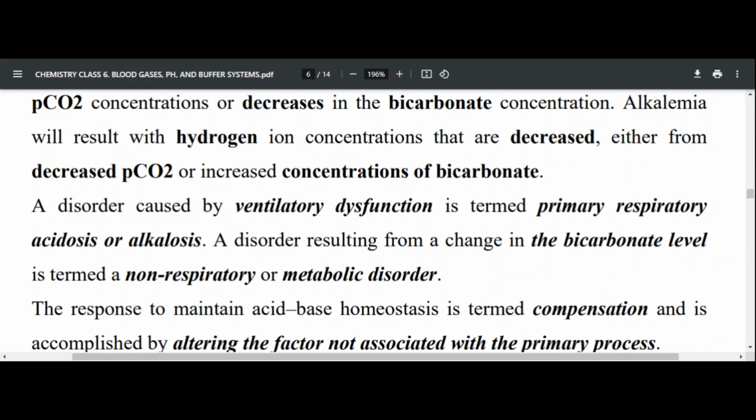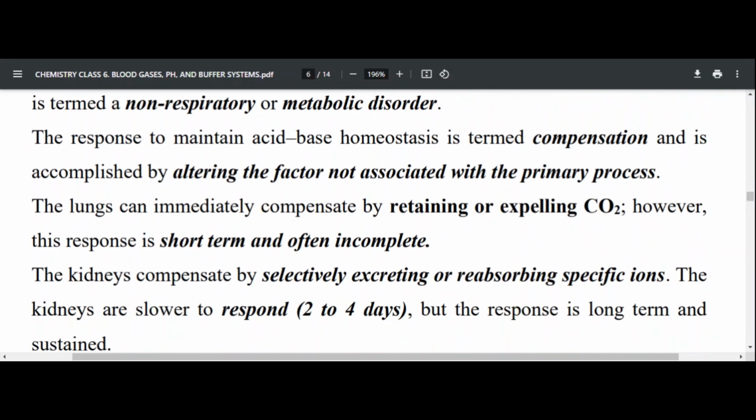So the response to maintain acid-base homeostasis is called compensation. Compensation is the ability to monitor and maintain acid-base homeostasis. Compensation is accomplished by altering a factor that is not associated with the primary process.